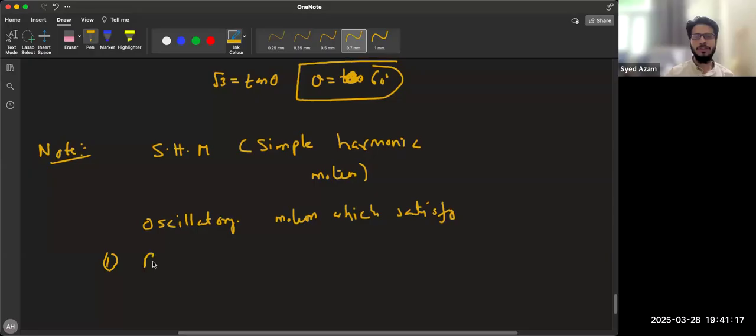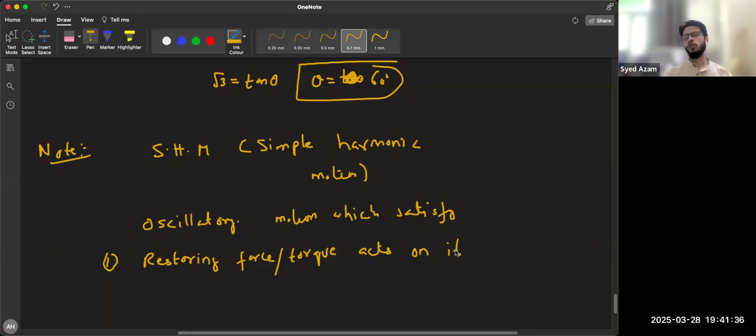The first condition is that a restoring force or restoring torque acts on it. A restoring force or a restoring torque should act on it. That is the first condition for a motion to be simple harmonic. Second condition, this restoring force or torque should be proportional to displacement from the mean position.